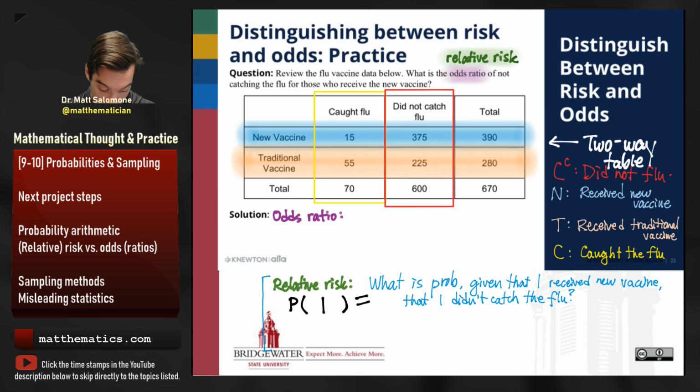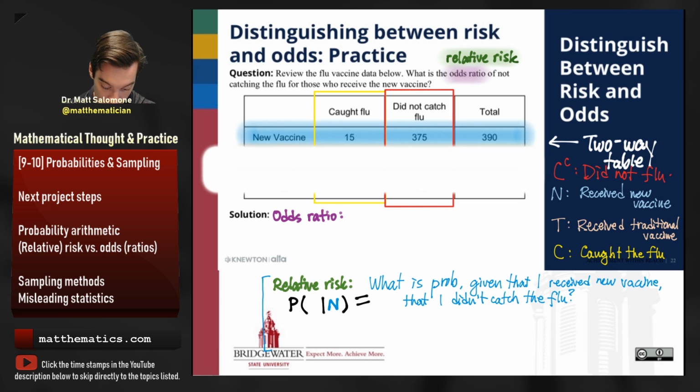So this is conditioned on N. Let me take this opportunity to completely obscure the rest of this table, because in computing this probability, that part's not going to matter. I want the probability that I did not catch the flu, so that's C complement here. So given that I received the new vaccine, what's the probability that I didn't catch the flu?